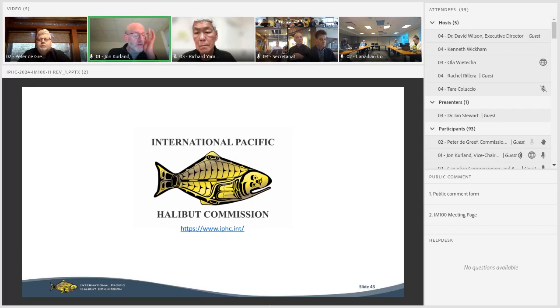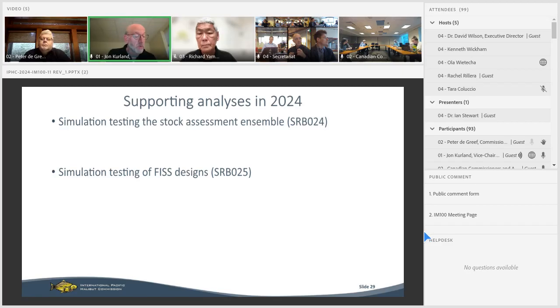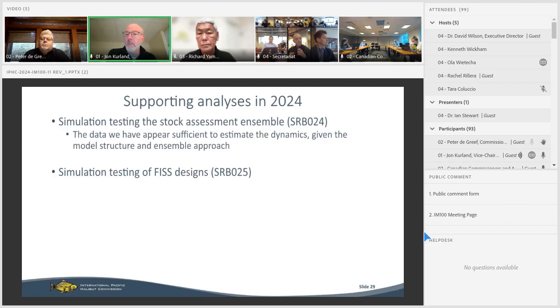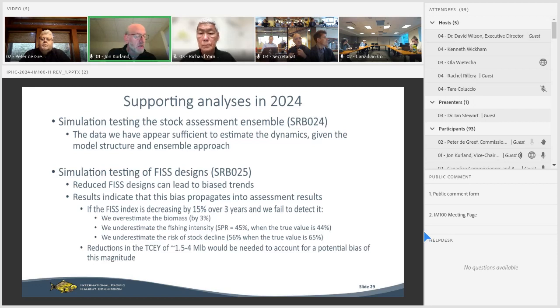This has to do with, I believe it was slide 29, the effect of the reduced scope of the FIS and the potential that there may be bias in the FIS results that might not be reflected in the risk tables that the commissioners will be using to make our decisions in January. So I'm just interested in any thoughts, Ian, that you may have on how we should account for that.